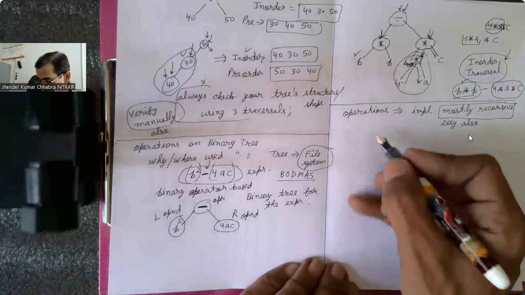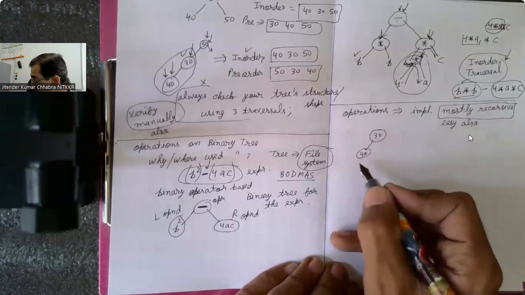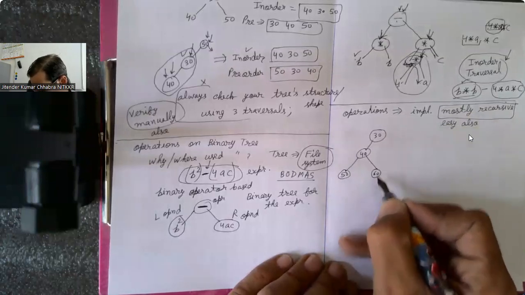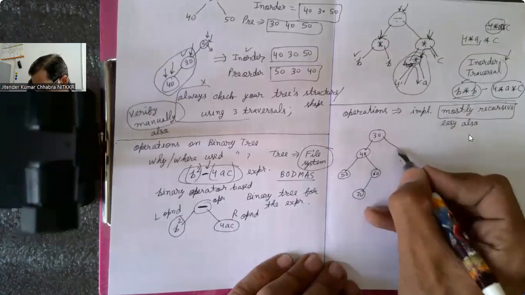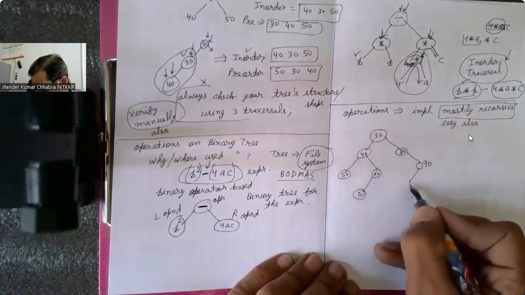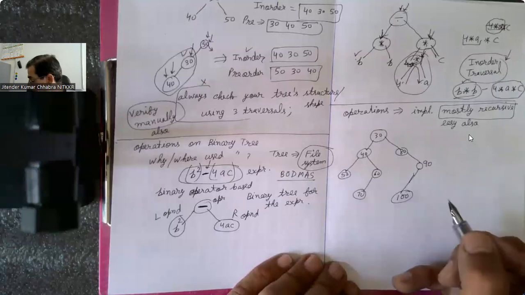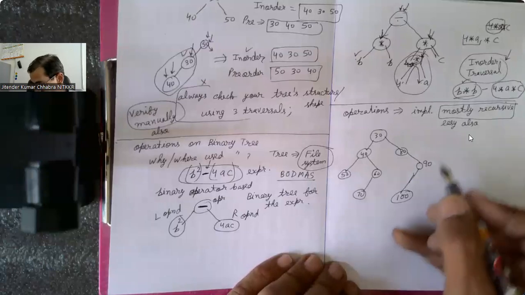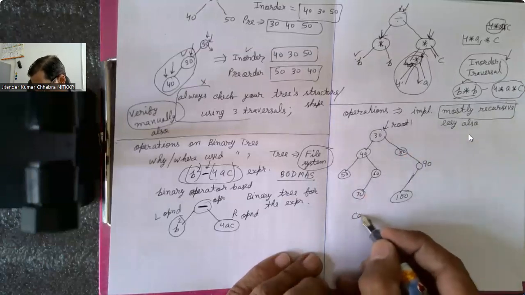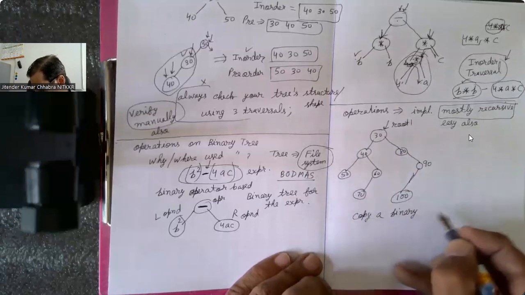For example, let's say I have a tree like this: 30, 40, then I have 50, 60, 70, 80, 90, 100. Corresponding to this tree, let's say this is root 1. I say copy a binary tree. This operation is to be implemented.